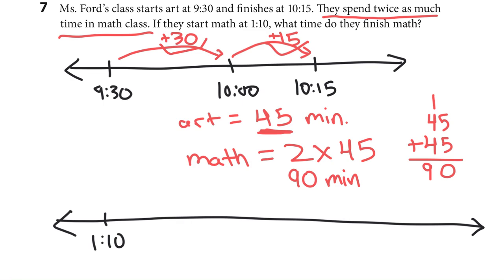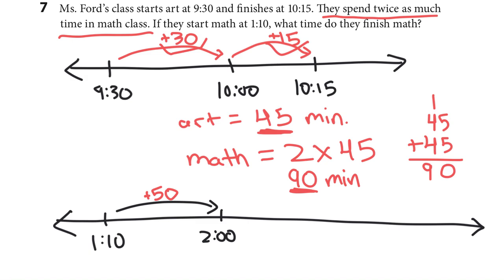90 minutes is too much to add directly to 1:10. So let's go to the next hour, which is 2 o'clock. How many minutes does it take to get from 1:10 to 2 o'clock? You can pause this video if you'd like to try it on your own. It is 50 minutes from 1:10 to 2 o'clock. Now, have I used all of the 90 minutes yet? No, I haven't. And this is where I can do a little bit of subtraction.